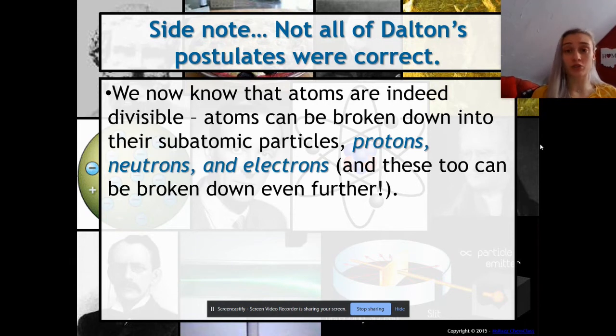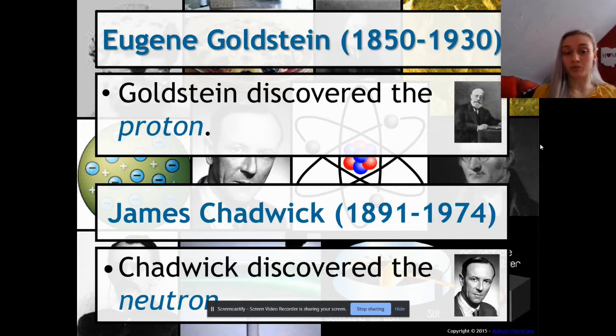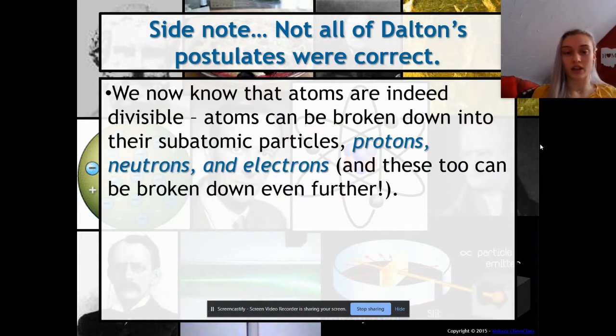We know that that's not true because after them came all these discoveries of, first we have the electron by Thomson, then we have the nucleus by Rutherford, then we have Goldstein with the proton, then we have Chadwick with the neutron within the nucleus. And so we know that the atoms can be broken down. So Dalton was wrong and Democritus was kind of wrong.